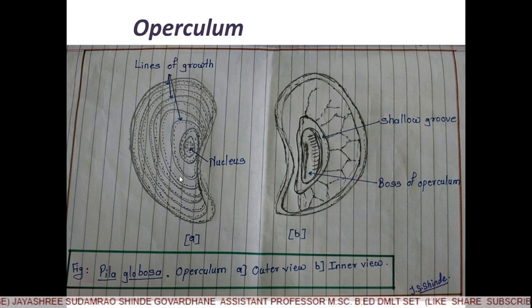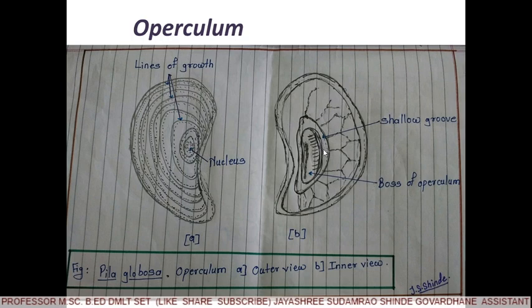The inner side of the operculum shows an area for attachment of muscles known as boss. See this inner side. This is the view from outside and this is the view from inside. इनसाइडला सेंट्रलला एक बॉस नावाचा एरिया असतो आणि त्याच्या बाजूला शॅलो ग्रूव असतो.